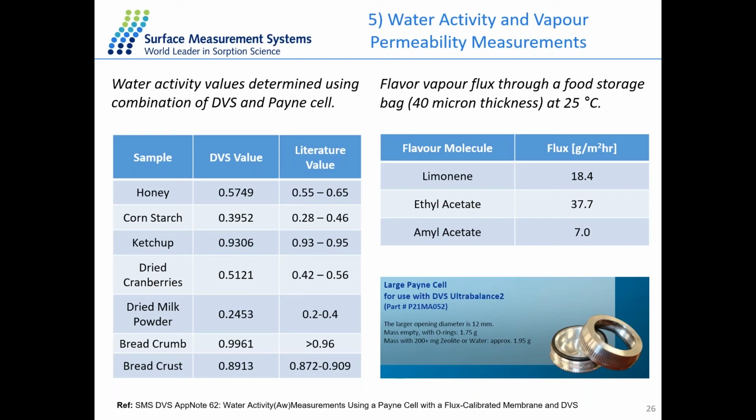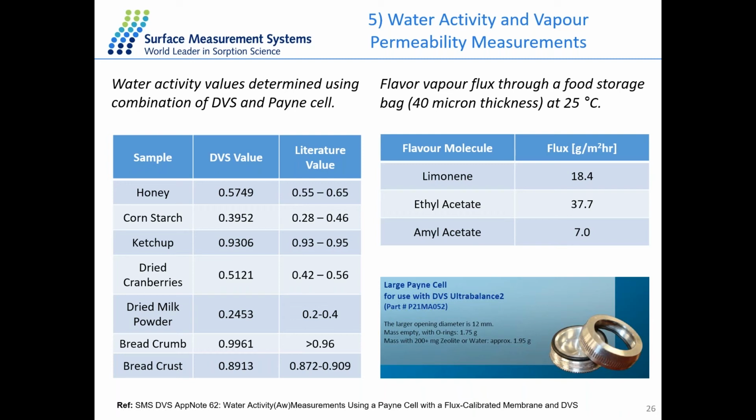The next study, we can also use the paint cell to measure the water activity and vapor permeation rate by doing a series of calibration with salt solution, the saturated salt, and then we can measure the water content in the food material, for example, honey, ketchup, or some milk powder as well. And the measured value with the DVS method has a very good agreement with the literature values as well.